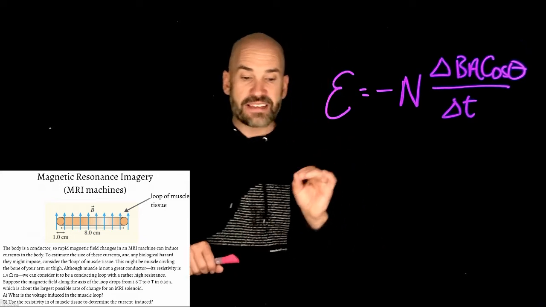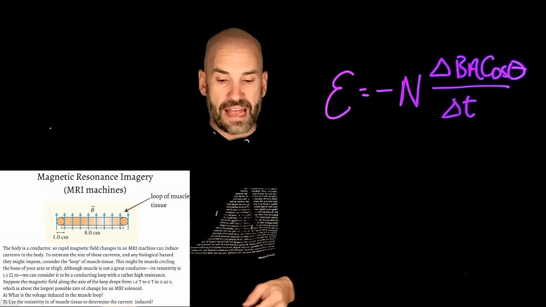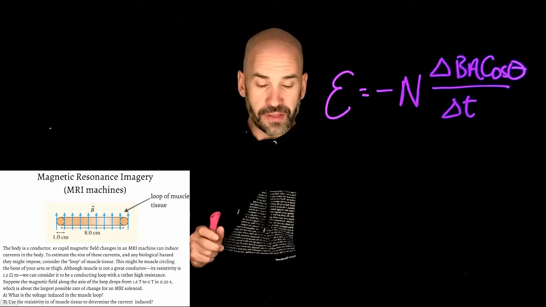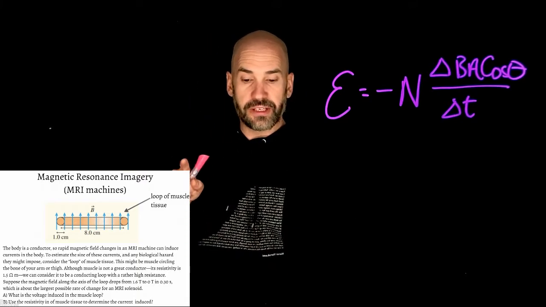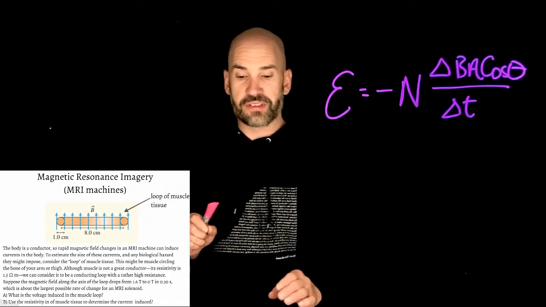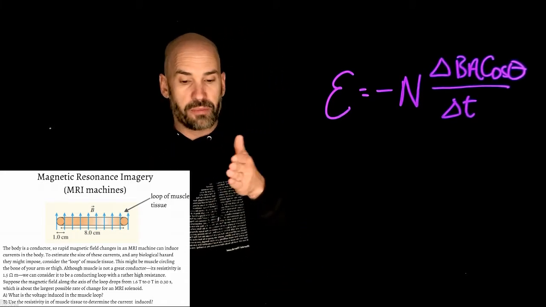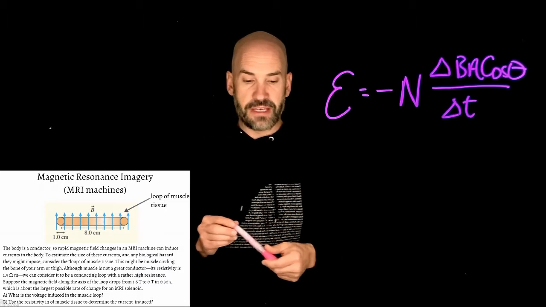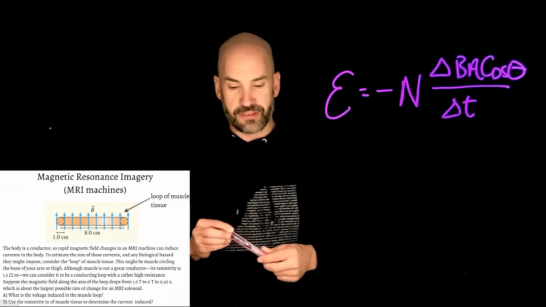To estimate the size of these currents and any biological hazard they might impose, consider a loop of muscle tissue. This might be muscle circling the bone of your arm or thigh. Although muscle is not a great conductor, its resistivity is about 1.5 ohm meters. So we can consider it to be a conducting loop with a rather high resistance.